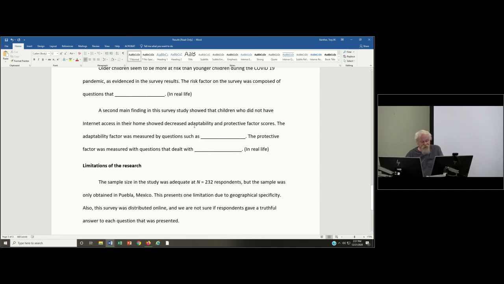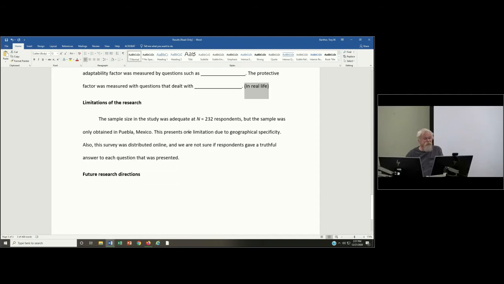You'll talk about in detail what the main finding means. And then, again, how does that second main finding apply in real life? And then you'll talk about limitations of the research and future research directions, okay?